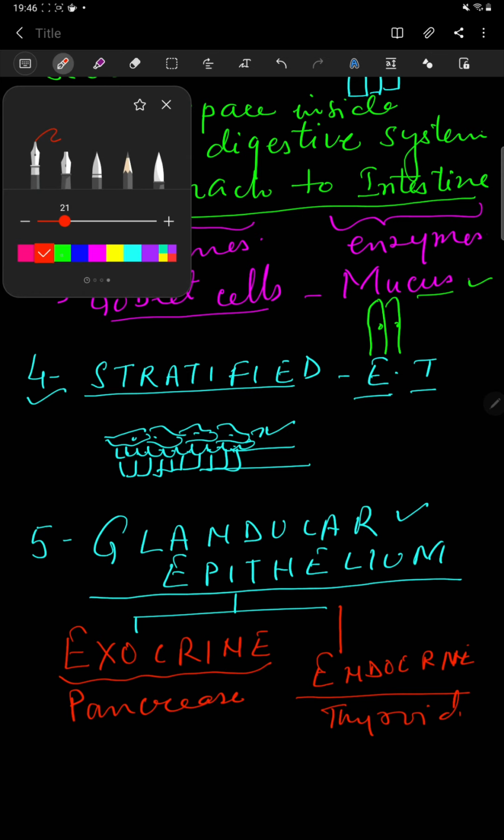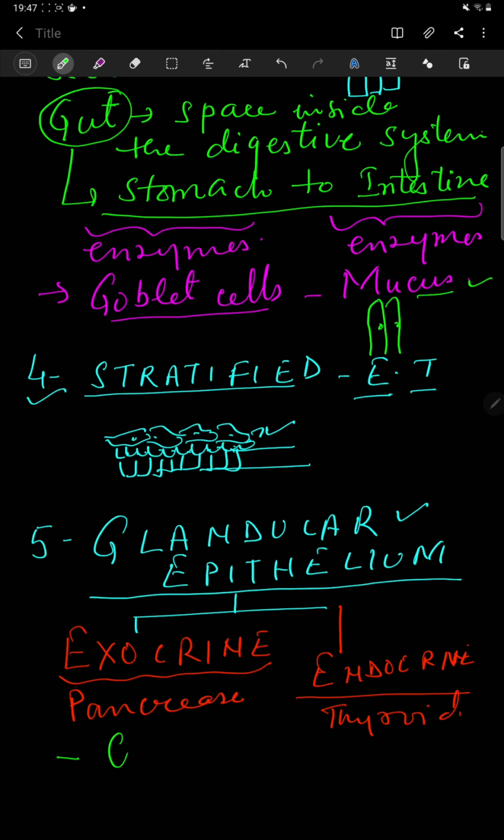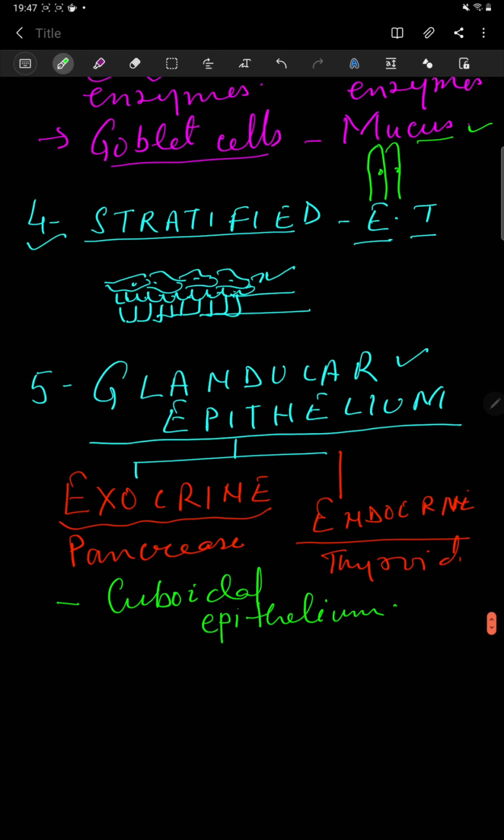Next, what kind of cells are inside this glandular epithelium? Basically, they are rich in cuboidal type of cell, termed cuboidal epithelium. When we talk about the endocrine, consider I am going to make the thyroid gland.